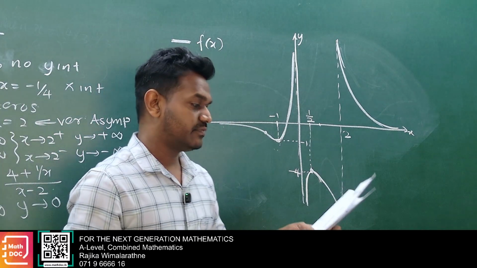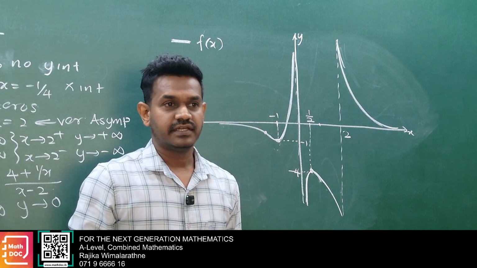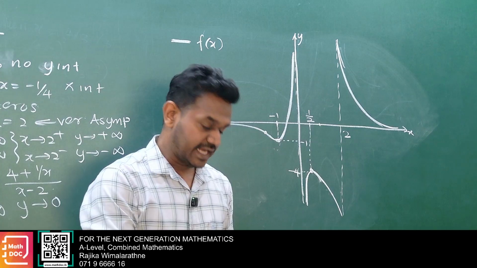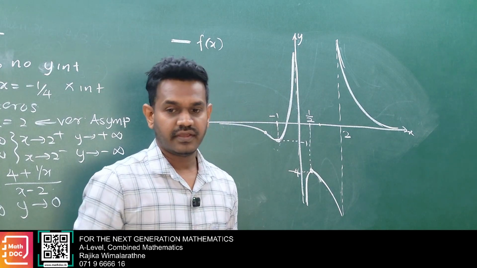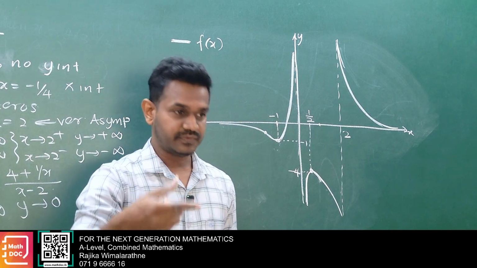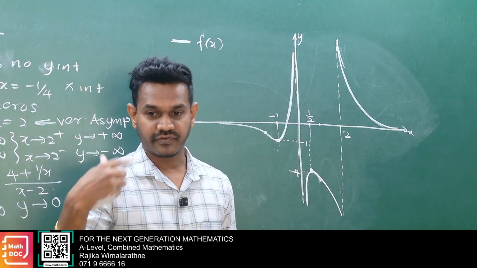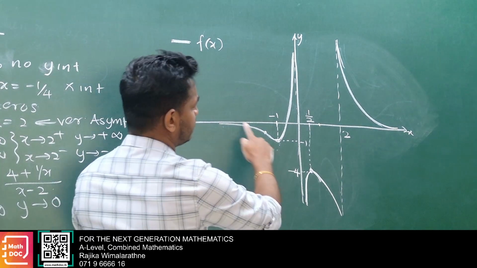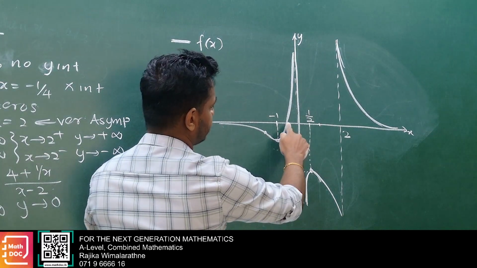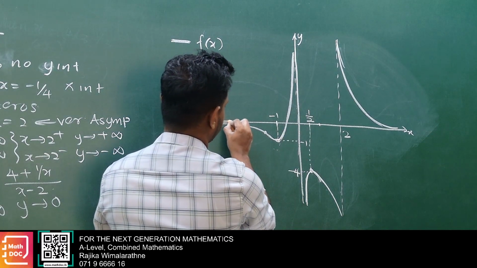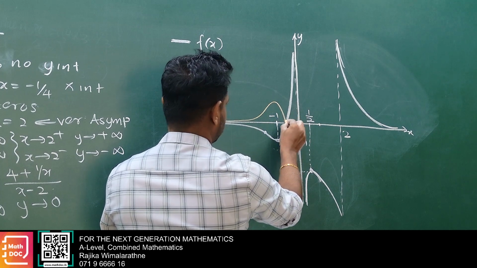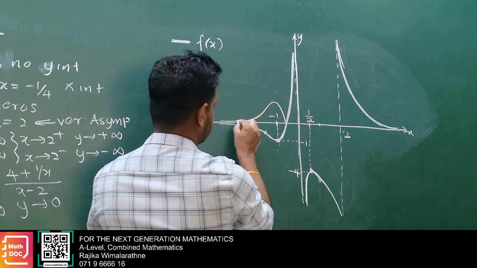Now you sketch |f(x)|. We have a property when sketching a modulus function: when getting the modulus, we have to reverse negative values to positive. Not for positive values, but negative values we have to reverse. Here the orange color one is the modulus function.